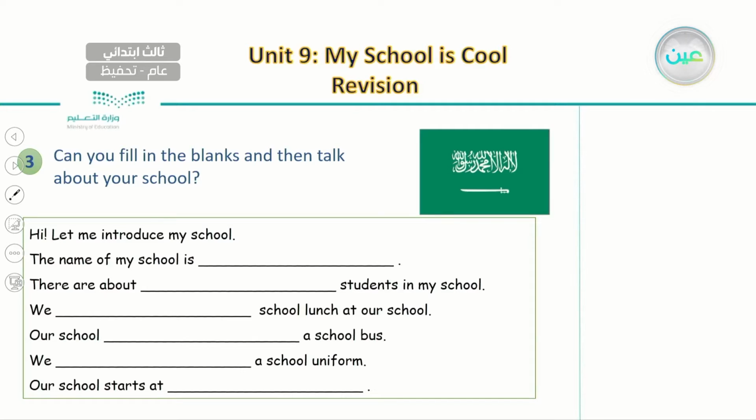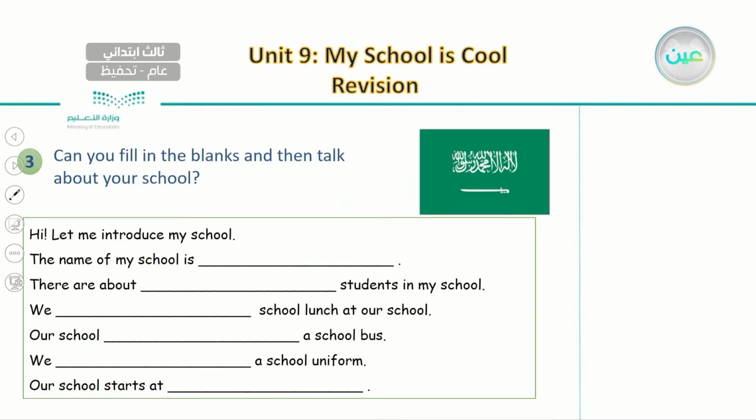The other thing we did was fill in the blanks, then talk about your school. We said that we can practice all of the questions by writing them down in this exercise. This exercise said, hi, let me introduce my school.